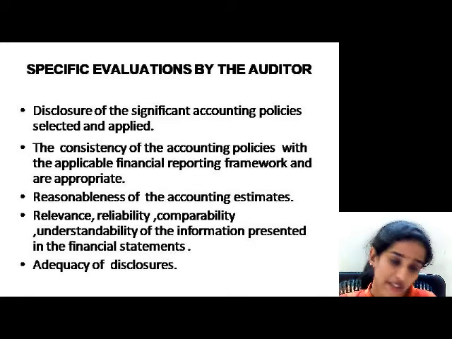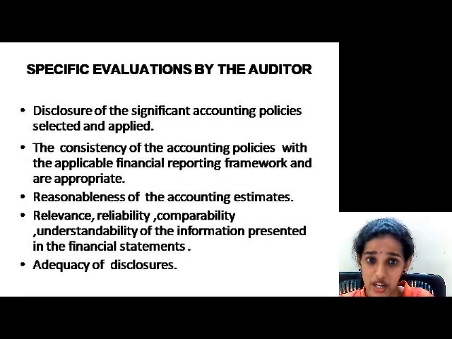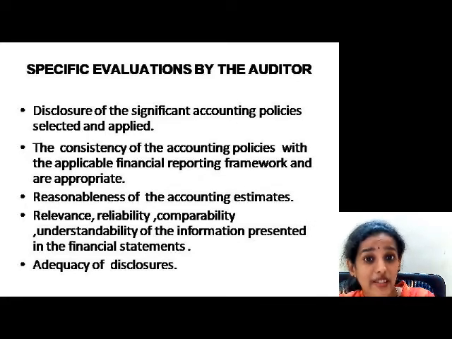The auditor might feel that the provision for bad debt is not 20%, it is more, say 40%, but management has estimated it as 20%. In those areas, the accounting estimates are not reasonable. It should be double the percentage, but they are giving only 20%. That also the auditor has to evaluate.